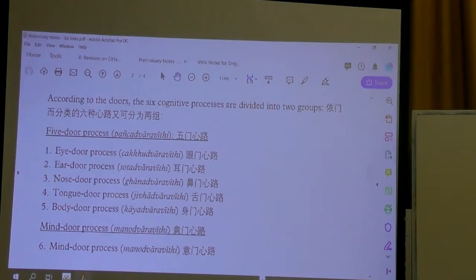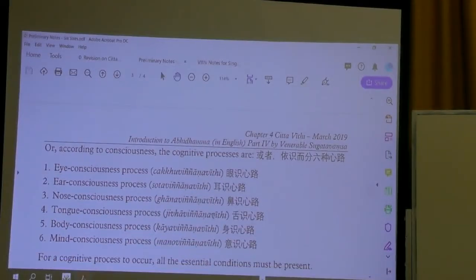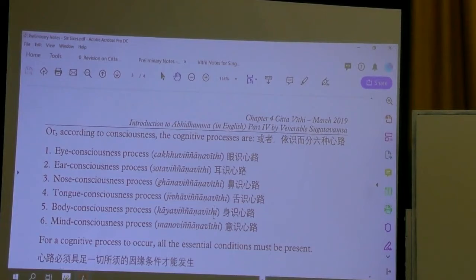They are called the five-door processes. Then there is the mind-door process. Or according to the consciousness, the cognitive processes are the eye consciousness process, Cakkhudvāra Vīthi.